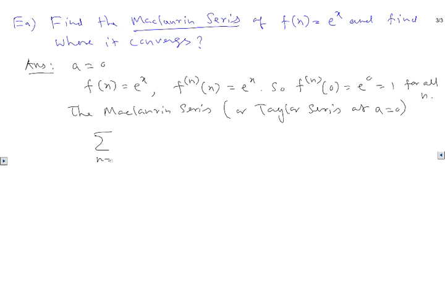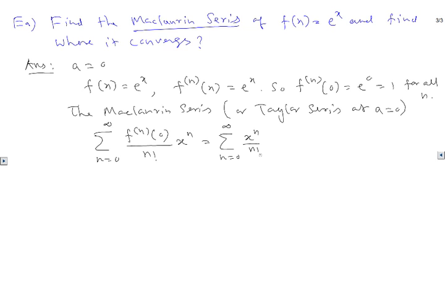So n going from 0 to infinity, the nth derivative evaluated at 0 over n factorial times x to the n. So let's plug in. Since all the derivatives are 1, you can put in the 1 for the derivative. It is simply x^n over n factorial. So that is the series.